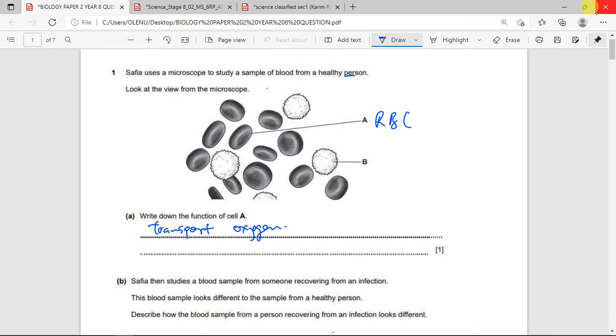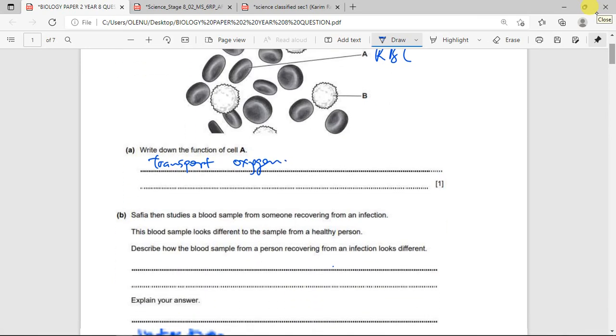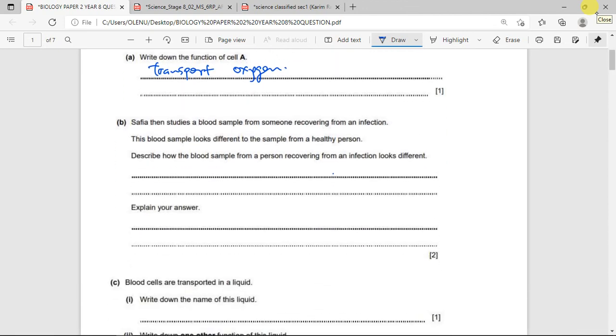Now, the next question is, Sophia then studies a blood sample from someone recovering from an infection. This blood sample looks different to the sample from a healthy person. Describe how the blood sample from a person recovering from an infection looks different.